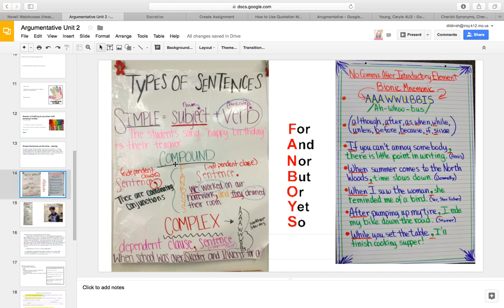The conjunctions. It has an independent clause, the comma, some type of conjunction, and then another independent clause. There are two complete thoughts, and again, it uses these conjunctions. And then a complex sentence is where you have a dependent clause, something that can't stand on its own, and then a sentence that can stand on its own.